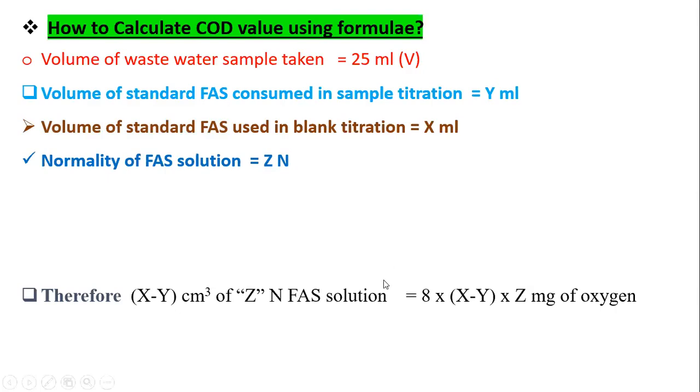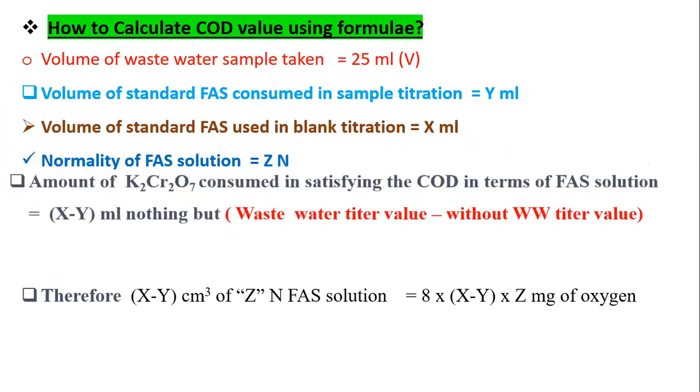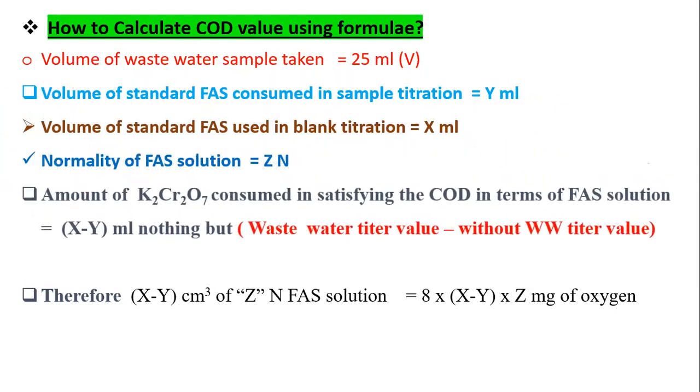Yes. Next one is, what is the normality of the FAS solution? We prepared the standard solution. We know the standard strength, how much we are adding. The concentration we know, and that concentration is represented as Z. Next, the amount of K2Cr2O7 consumed in satisfying the COD, in terms of FAS solution, is equal to X minus Y ml.